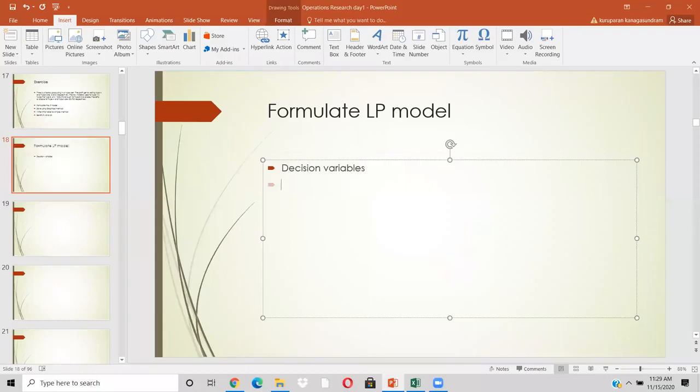In this question, how many decision variables are there, and what are those?